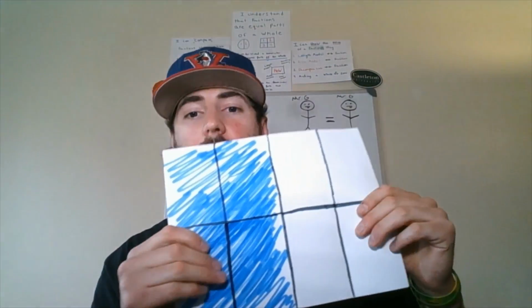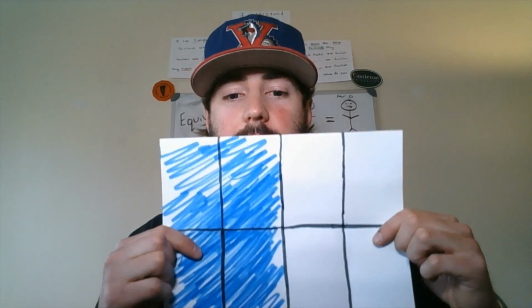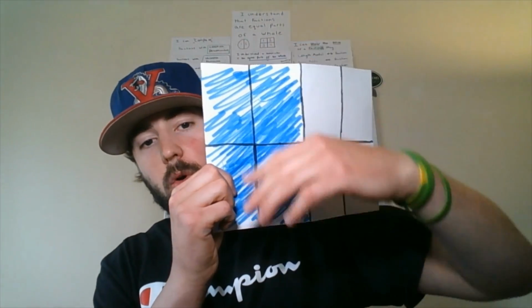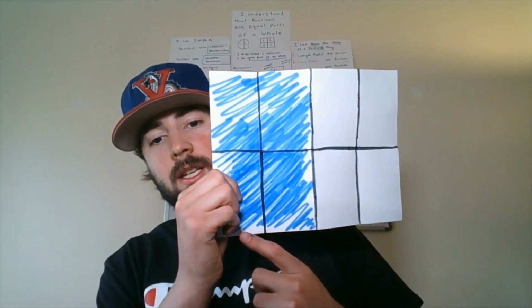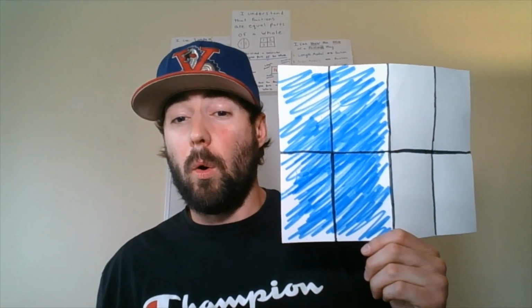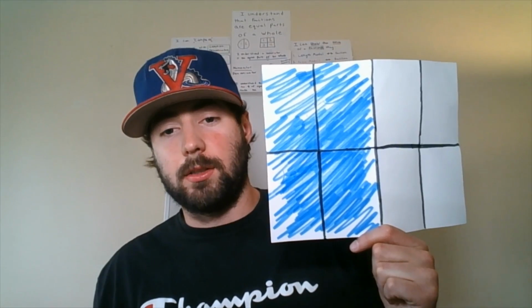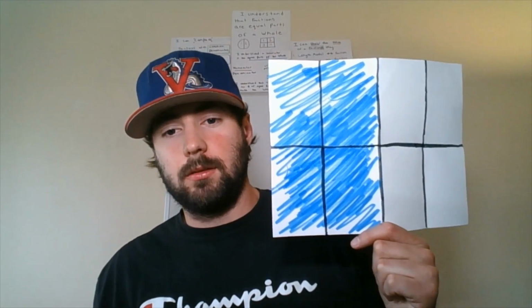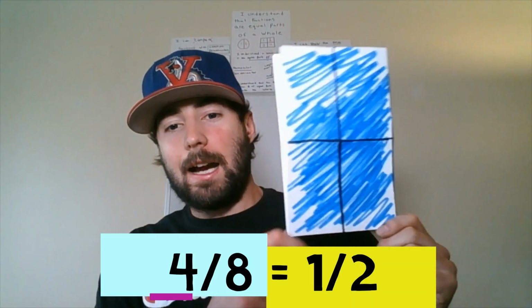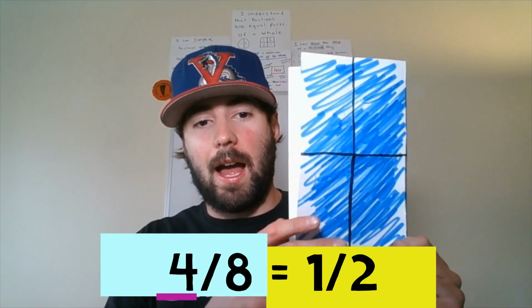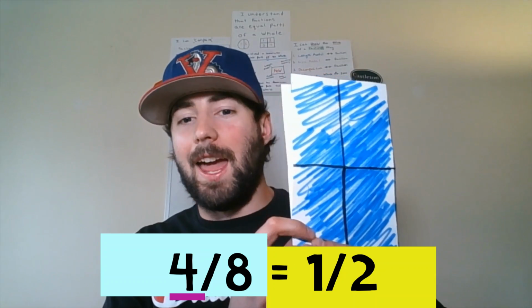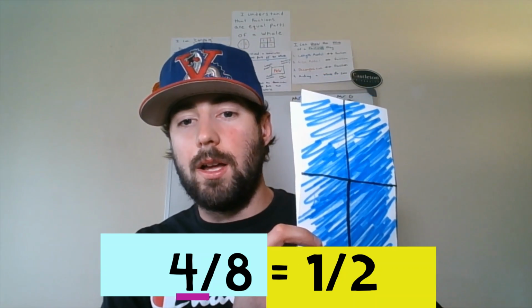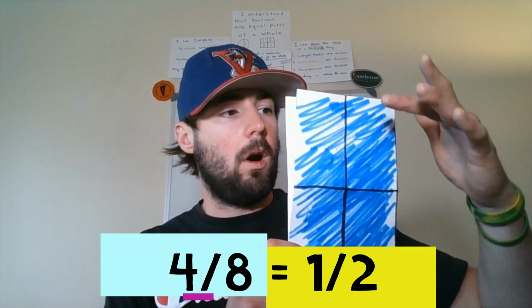It actually, because wholes need to be the same, partitioned our whole into 1, 2, 3, 4, 5, 6, 7, 8. It made our whole into 8 equal parts, or eighths. So, actually, we find that 1, 2, 3, 4 eighths is also equivalent to 1 half.